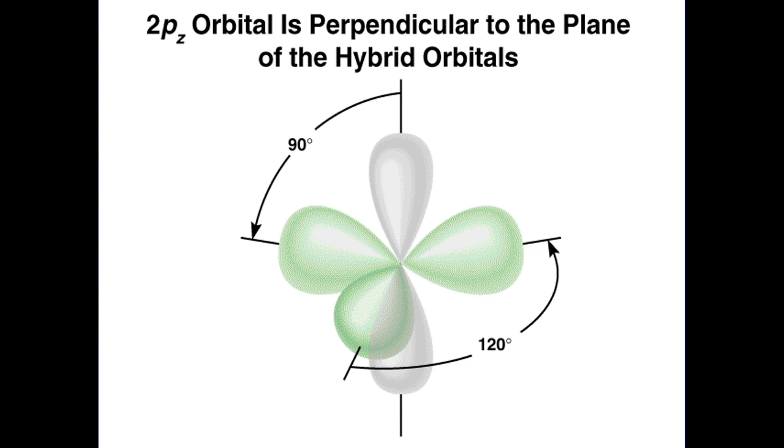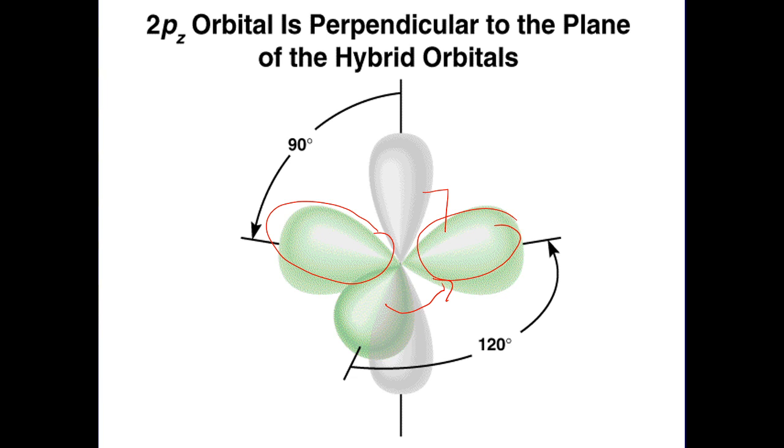Okay, so you can see that between the hybrid orbitals here, the bond angle is 120. Then between the hybrid orbitals and the pure p, the bond angle is 90 degrees. They're perpendicular. The hybrids, the sp2 and the pure p, are perpendicular to each other.